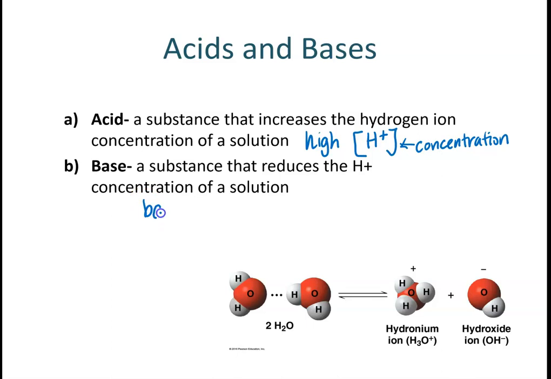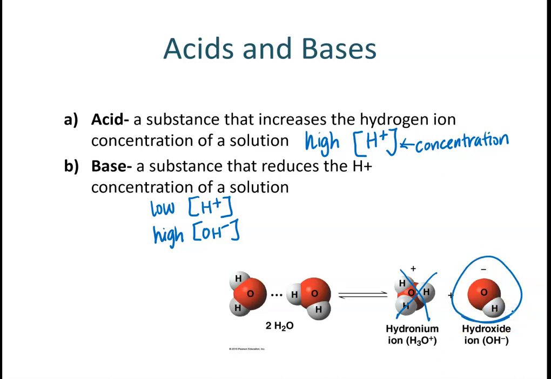So a basic solution is going to have a low hydronium ion or hydrogen ion concentration. Conversely, it's actually also probably going to have a high hydroxide ion concentration, because if you are taking away the hydronium ions, you're going to be left with more hydroxides.